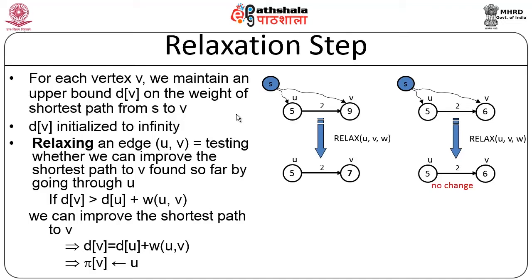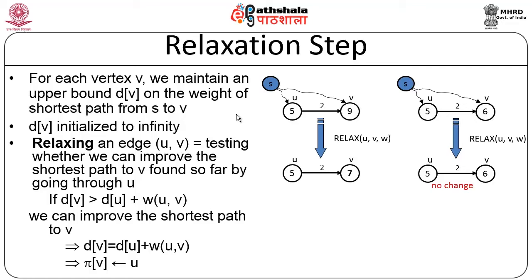Assume that V has the minimum weight d of V, and if you find that d of V is greater than d of u plus the weight of uv, we can improve the shortest path, because going through u will give you a shorter path to V. So, d of V becomes equal to d of u plus w, that is the weight of uv, and now remember the pi of V becomes u, because u has been added.